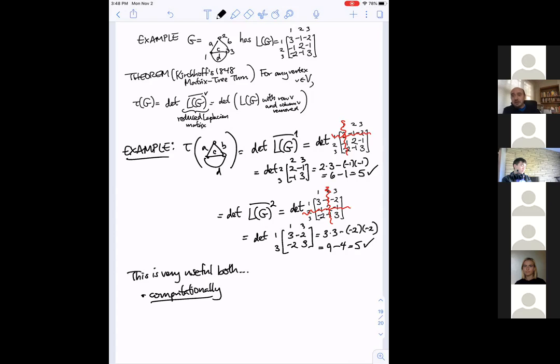It's exponential in the number of edges. It's very bad, actually, computationally. But this is a determinant of a cardinality of V by cardinality of V matrix. Those you can actually do really fast.